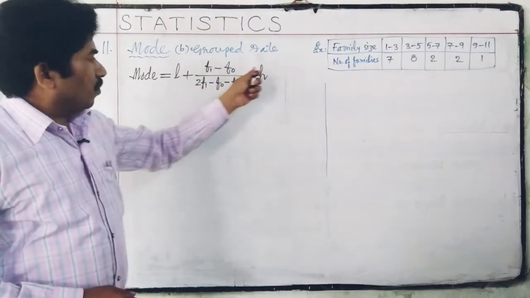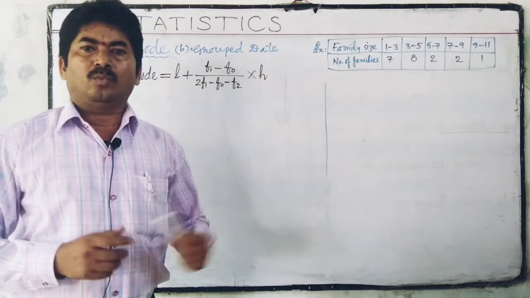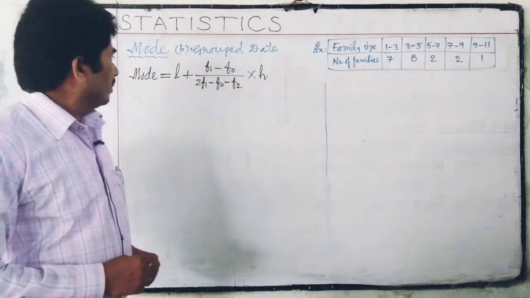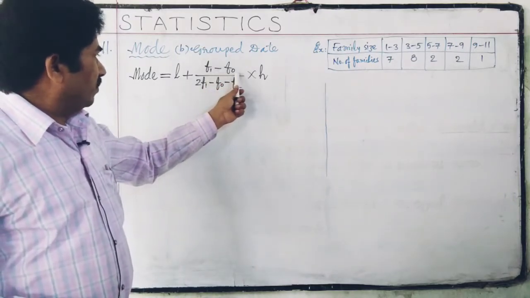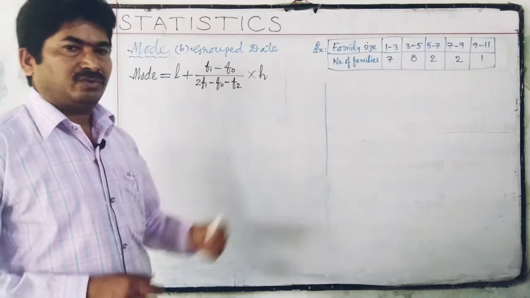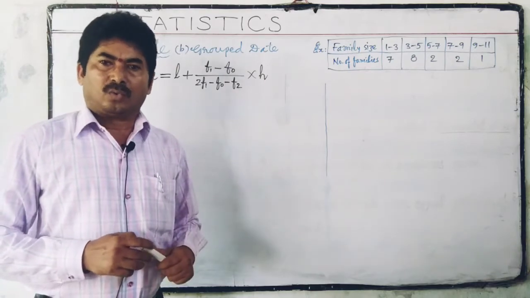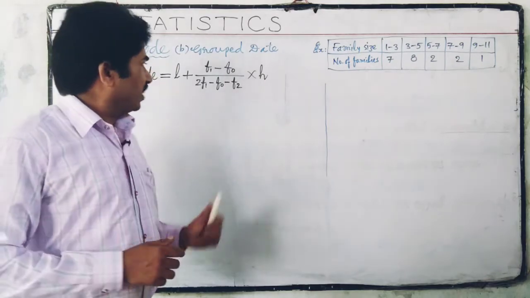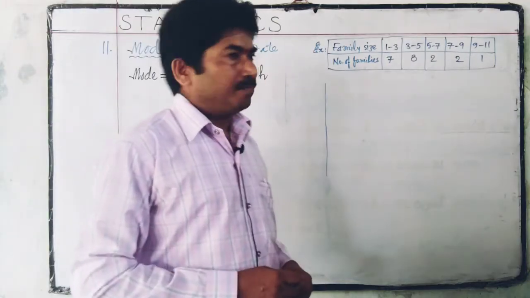Mode for grouped data. What is the formula for finding mode for grouped data? Mode is equal to L plus F1 minus F0 by 2F1 minus F0 minus F2, into H. This is the formula for finding mode for a grouped data. To understand this formula, here we have an example.